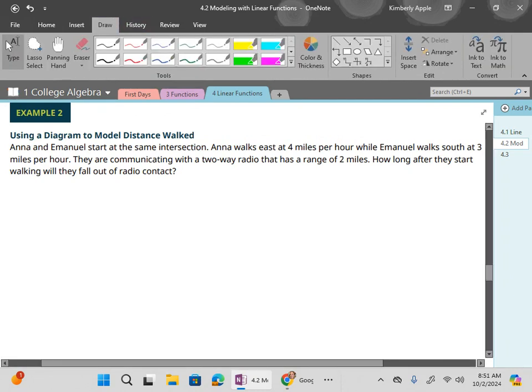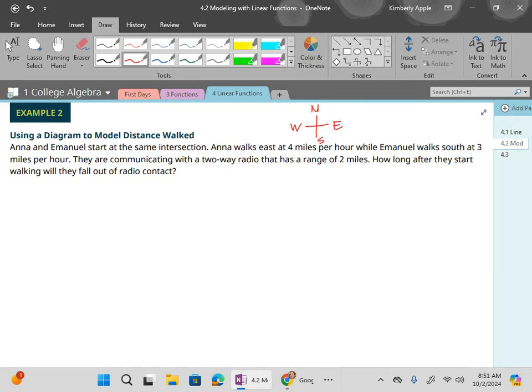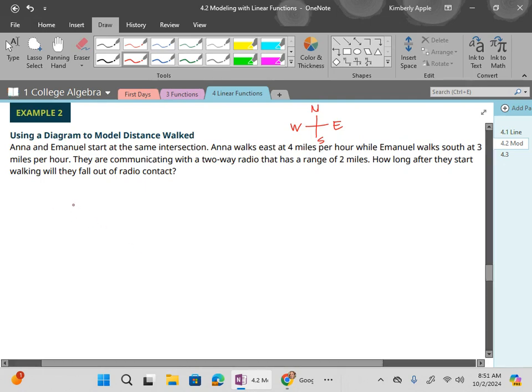So let's start thinking about what's actually happening here. I'm talking about direction and distance and all kinds of stuff. So I'm immediately like, well, let me draw a picture and try to figure out what's going on. Anna's walking east, Emmanuel's walking south. So first let's get a handle on what that looks like. North, south, west, east. Good? All right, fabulous. If they are starting at the same intersection, let's say that's here.